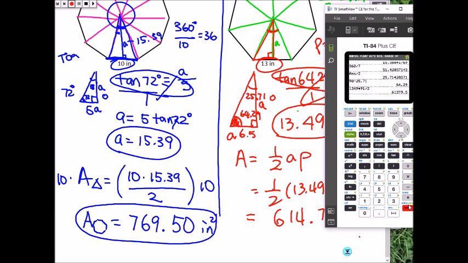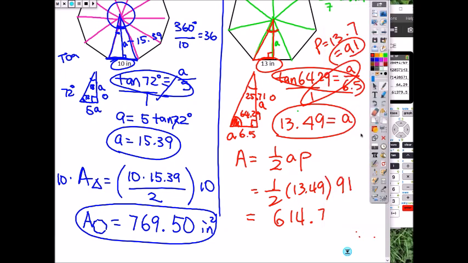Yeah, I didn't put a decimal here, so it should be 613.80. You guys need to understand how to round these, guys. And it will be in inches squared.